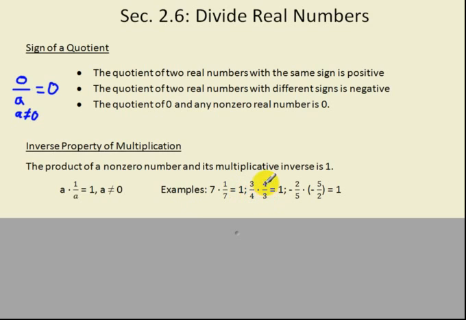So you might hear the expression invert or flip it, because you've taken that 3/4 and flipped it, in the sense that the denominator now becomes the numerator and the numerator becomes the denominator. And again, that will equal 1 when you multiply those. What about a negative? Well, if you take negative 2/5, again, invert it to get 5/2, but then also make that a negative so that we end up with a positive 1 as our product.